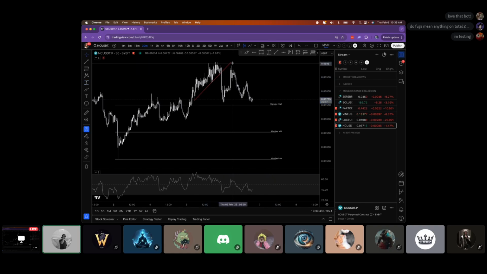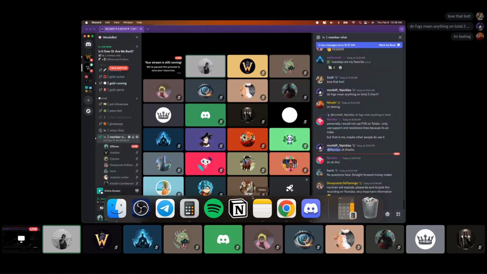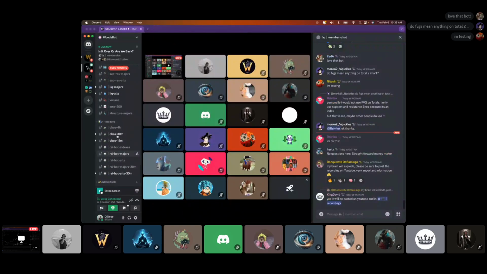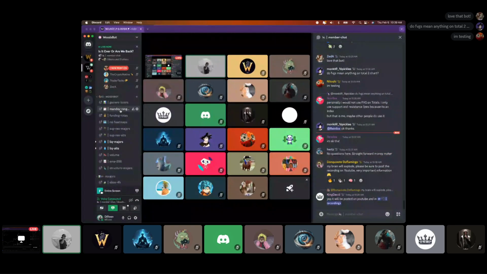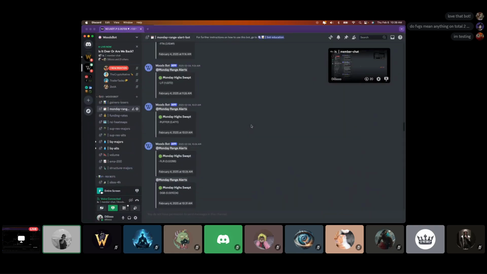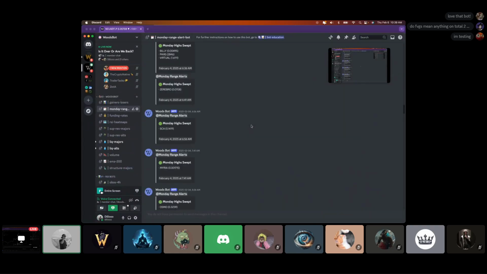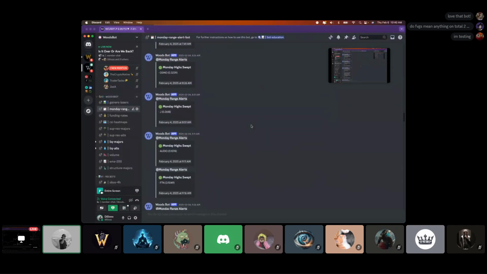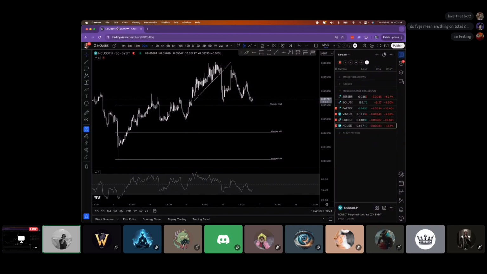So many opportunities for you guys to play these with Monday's range. And again, they will all be alerted inside the Discord with indication of either sweeping the high or the low. So just put the indicator on, take 2 hours of your day, backtest, and you'll be blown away by how obvious the plays seem.